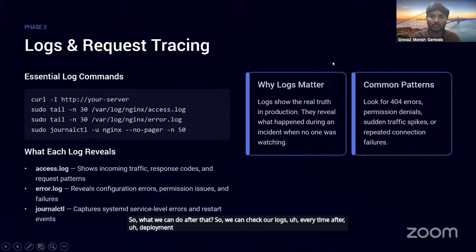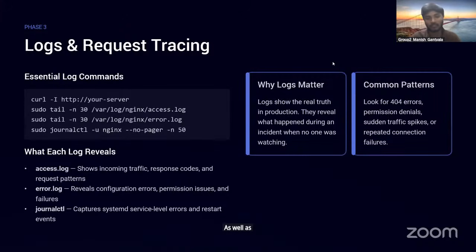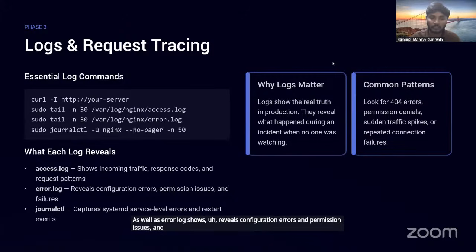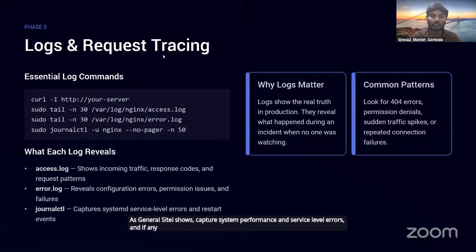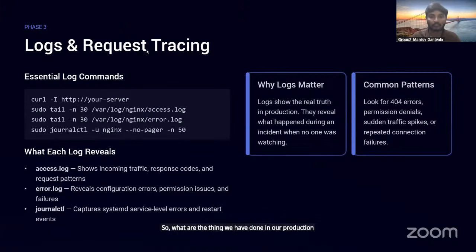The access log shows incoming traffic, response codes and request patterns, the error log reveals configuration errors, permission issues and failure issues, and journalctl captures system performance, service-level errors and any restart events. So what we have done at our production level is shown by journalctl.